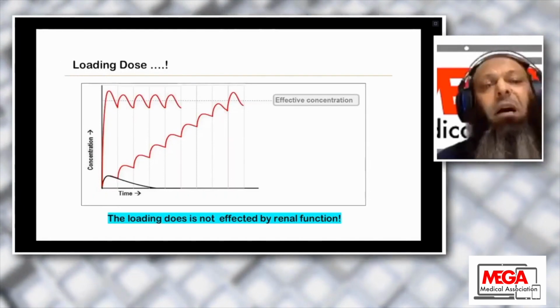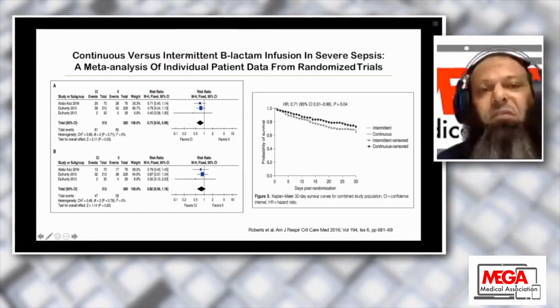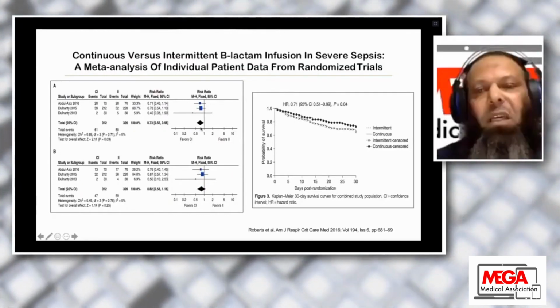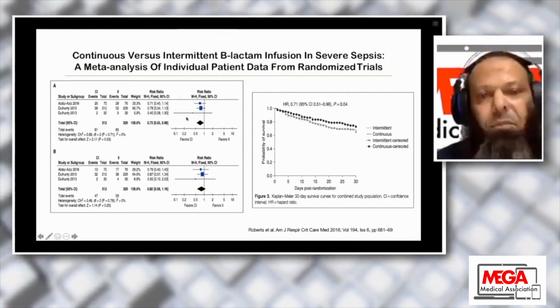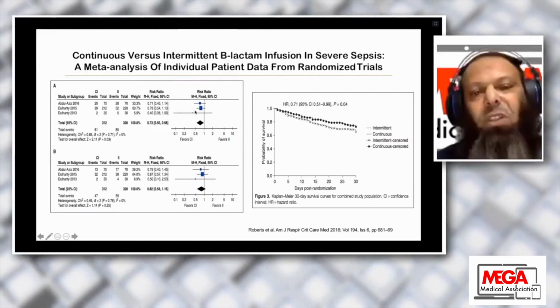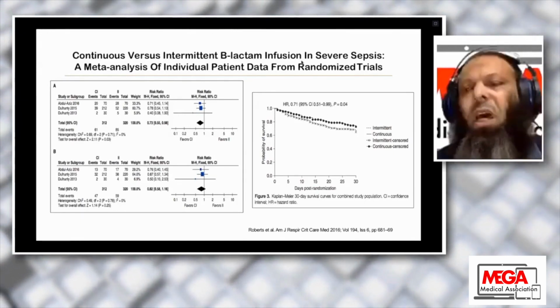This is a nice meta-analysis. It compared continuous versus intermittent beta-lactam infusion in severe sepsis. And here it translated into a favorable outcome for both in-hospital and ICU mortality with the continuous infusion.